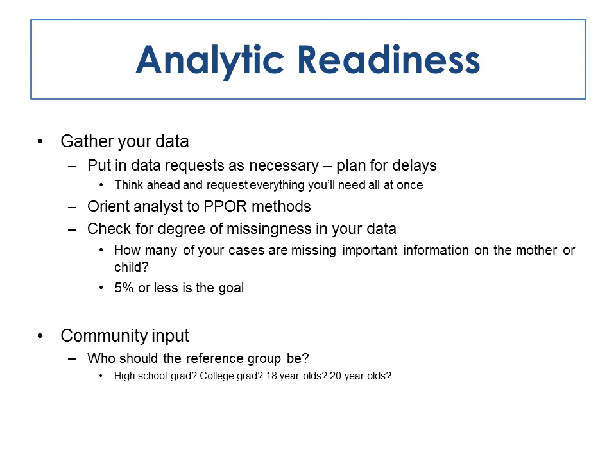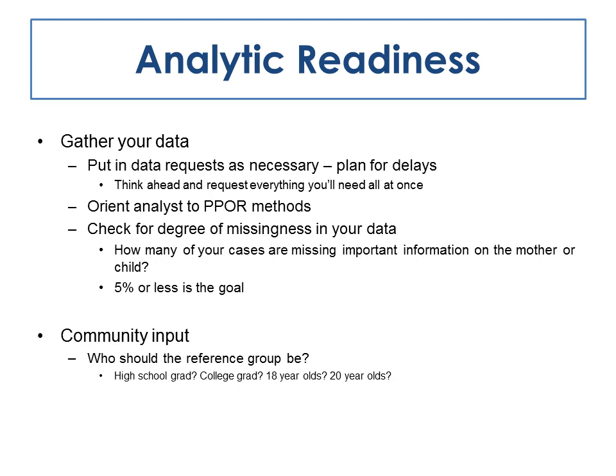And as I had mentioned, orient your analyst to the PPOR methods. Have them read the articles, rewatch any of these webinars. If there's something you don't understand, you can always reach out to us at CityMatCH, and we'll be happy to help. And then, of course, I wouldn't be doing my due diligence as an analyst if I didn't remind you to check for the degree of missingness in your data. What I mean by that is you have to look at how many pieces of information are missing from your vital records information.